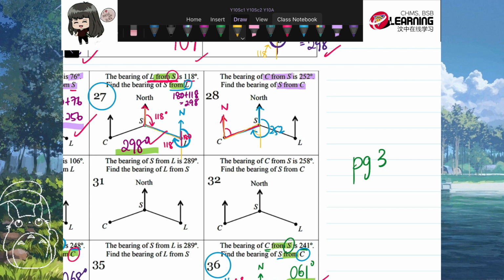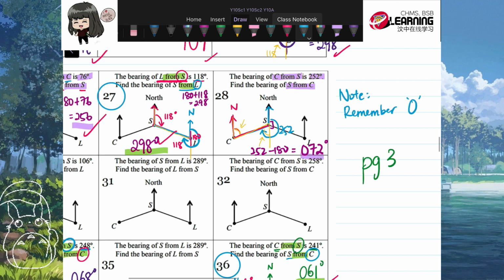So this angle here is 252 minus 180. You will get this yellow one, and this yellow one will be the same as this. So the answer is 72. So the bearing is 072. Don't forget to put the 0 if it is 3 digits.